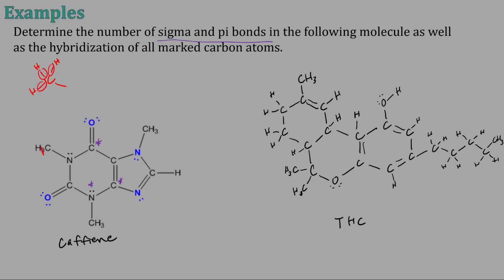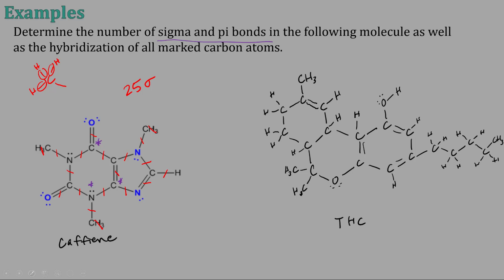There's 3, 4, 5, 6, 7, 8, 9, 10, 11, 12, 13, 14, 15, 16, 17, 18, 19, 20, 21, 22, 23, 24, 25. So there's 25 sigma bonds in caffeine. So it's all the single bonds and the first bond of a multiple bond.